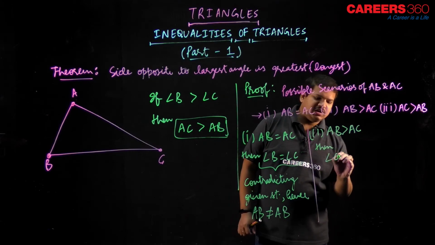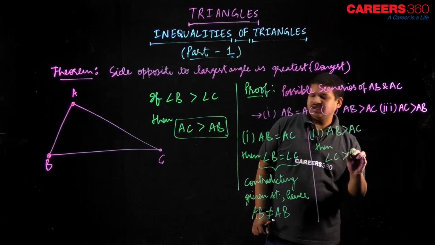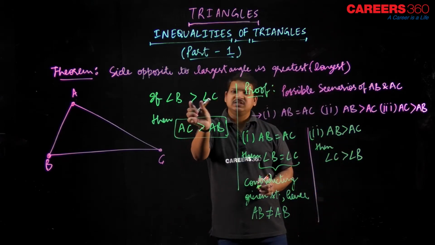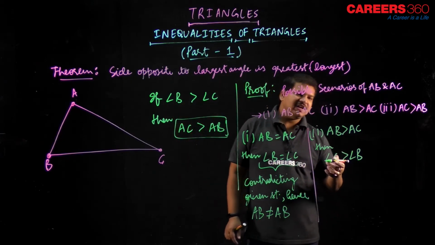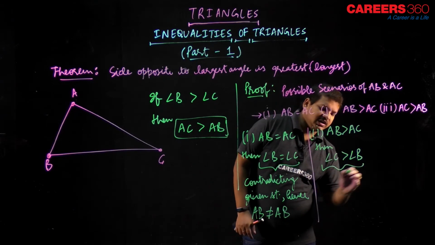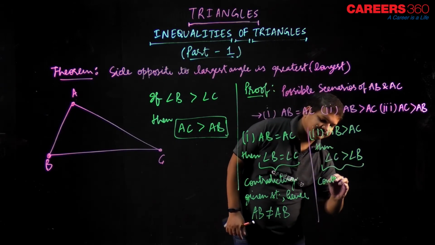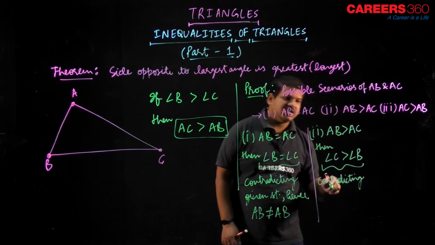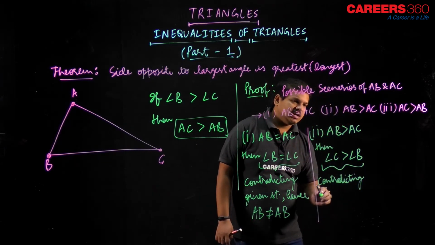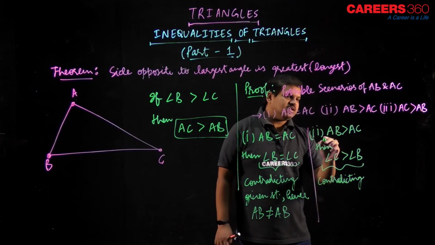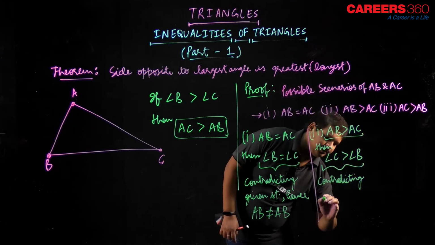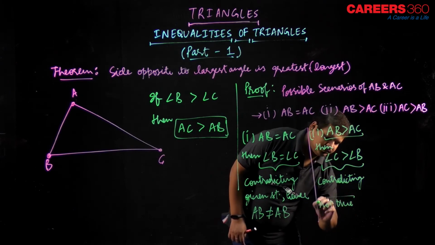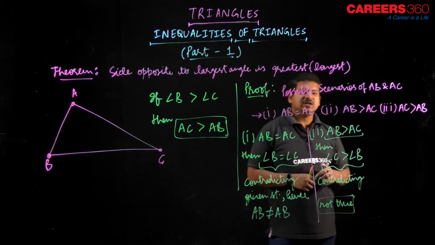Then angle C would be greater than angle B, which is again a contradiction, as you can see, since angle B is greater than angle C, not angle C greater than angle B. So again it is contradicting our given statement, and hence this result is also not true.